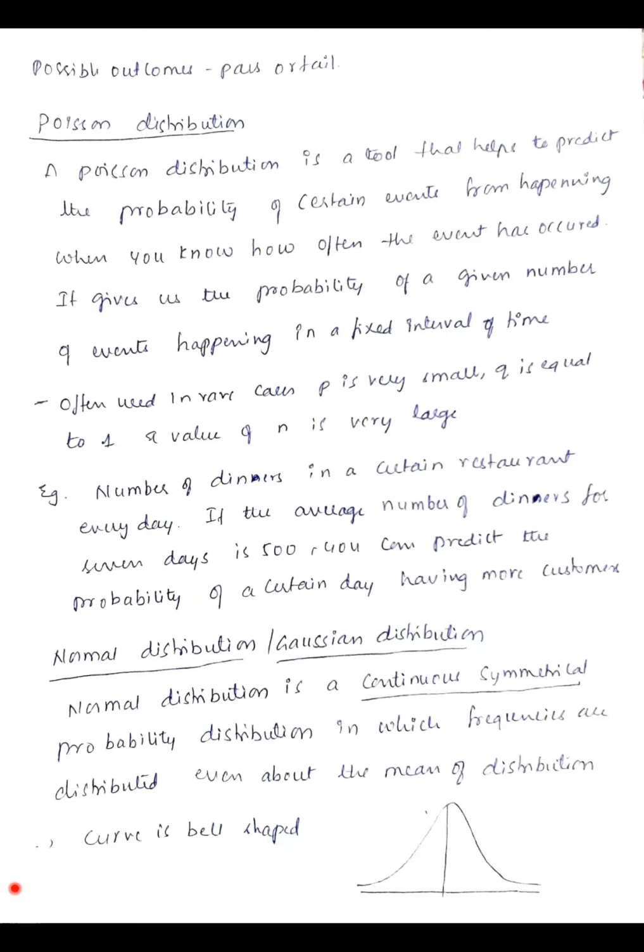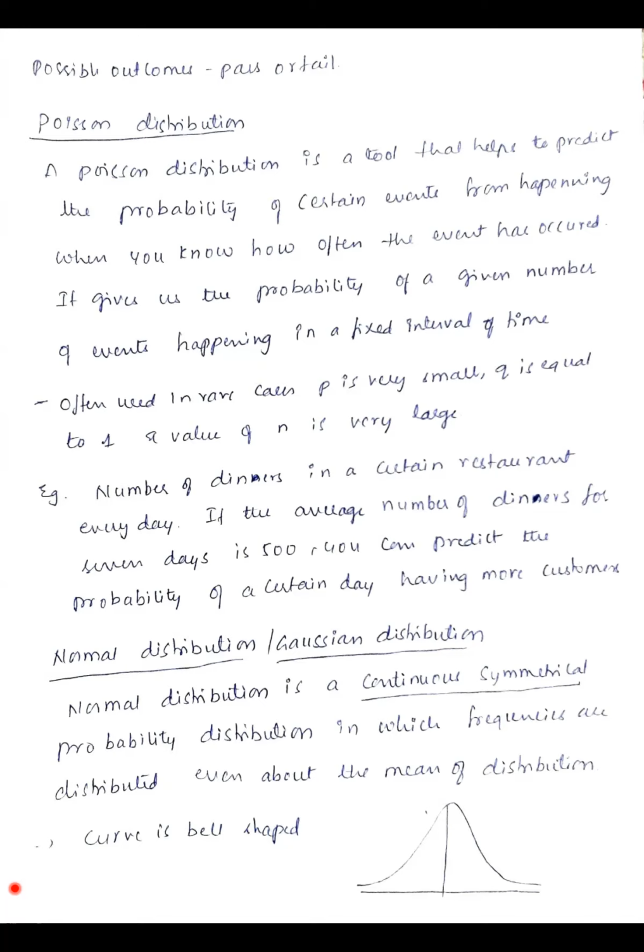It gives us the probability of a given number of events happening in a fixed interval of time. By seeing one example, you can understand what is meant by the Poisson distribution.